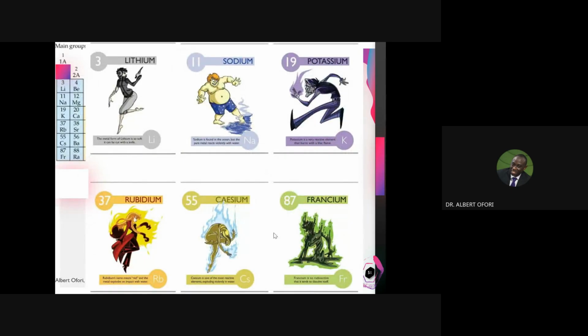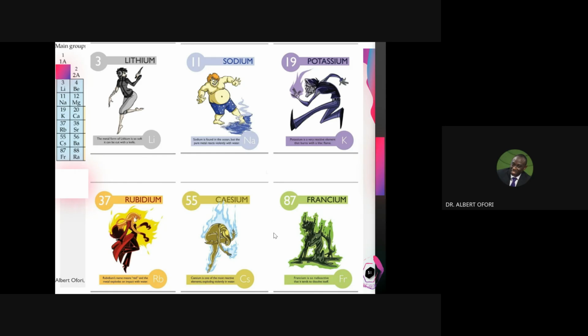Now in their general form, lithium, sodium, potassium, rubidium, cesium, and then francium. I don't know if you can see my slide, but if we take lithium, lithium is so soft. You see the woman there with a knife. We say that women are soft.